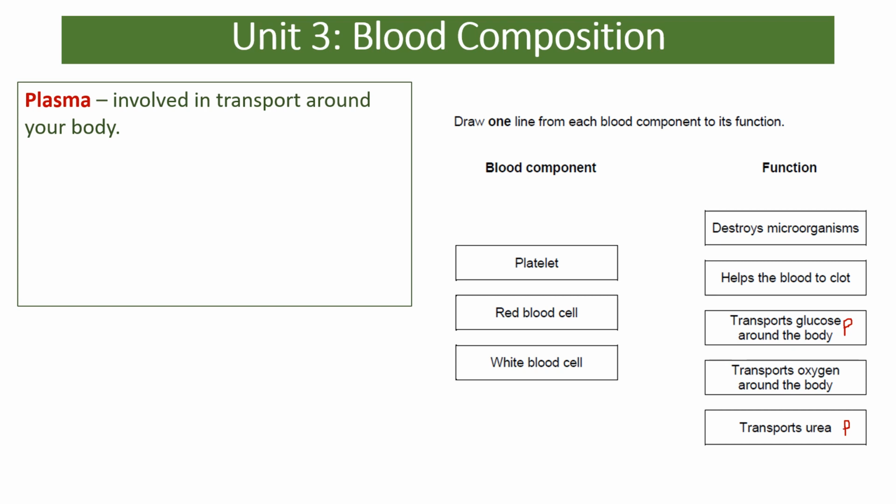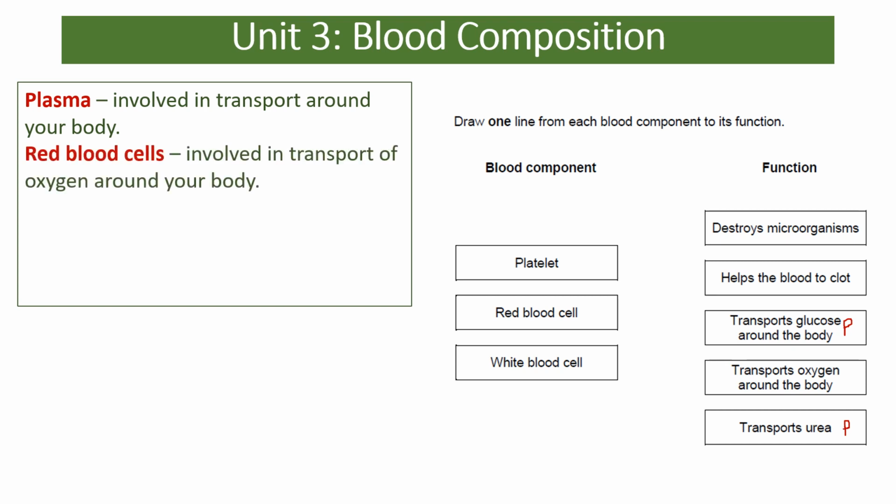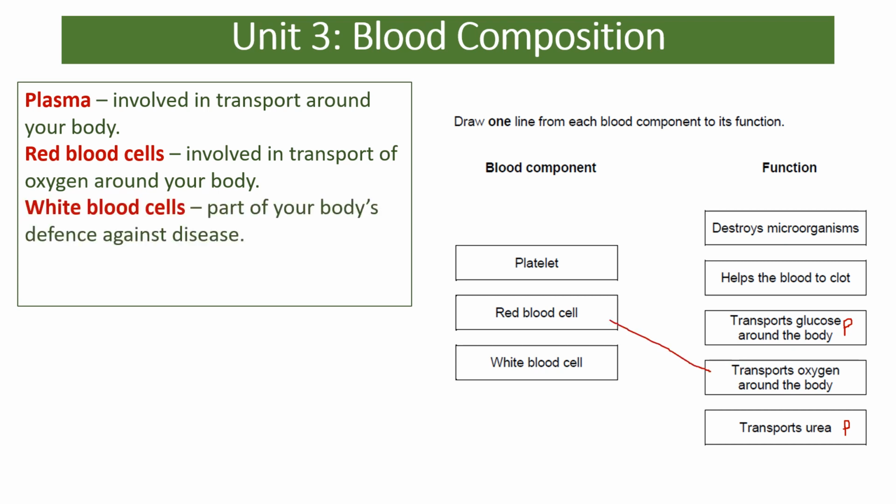So those would be jobs of plasma. The red blood cells carry oxygen around the body. The white blood cells are your defense system, so they defend your body against disease. And platelets help the blood to clot, and therefore that stops you bleeding.